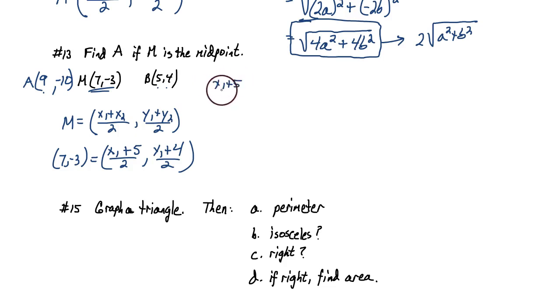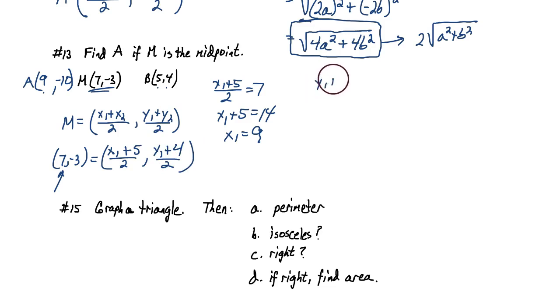x1 plus 5 all divided by 2 is equal to a 7. So what is the answer for x1? You would first multiply both sides by 2, getting that, and then you would subtract 5, getting 9. Now let's create an equation involving the y values.